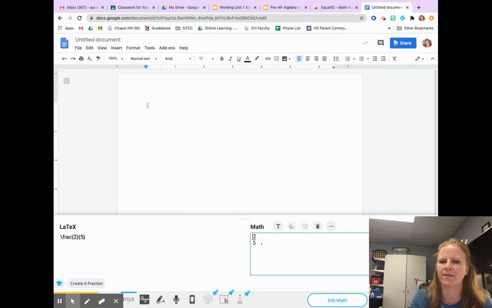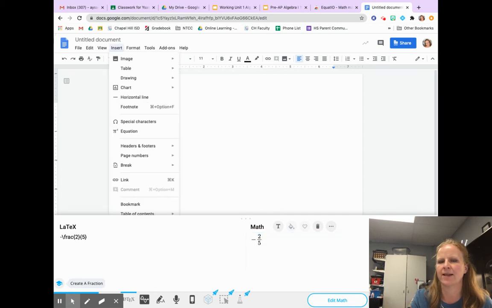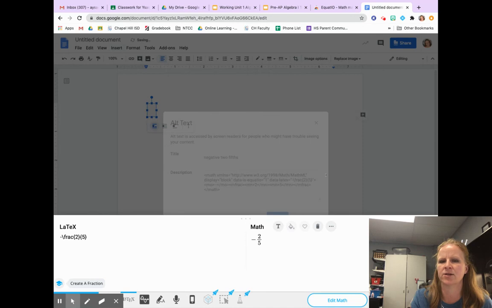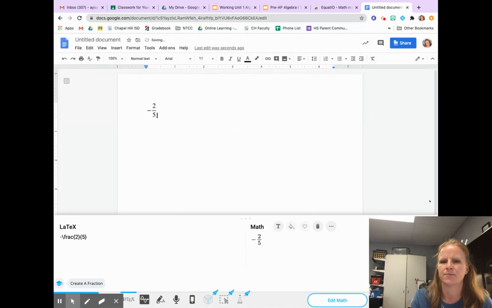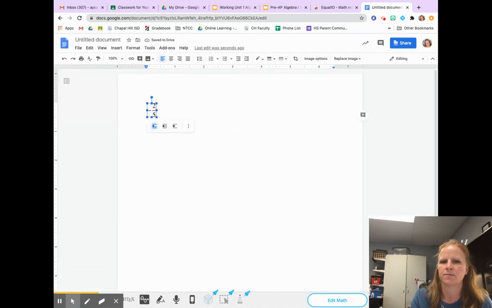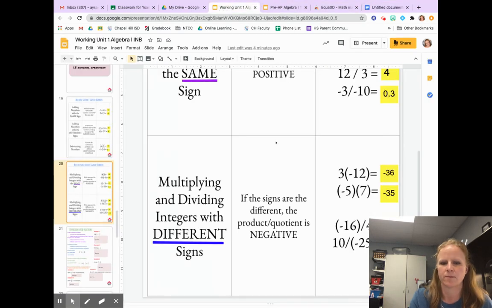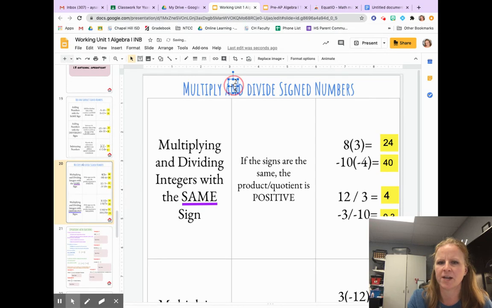And we need a negative out front. Let's make it negative 2 over 5. And then click Insert Math, and it inserts it. Where is it? Up at the top.